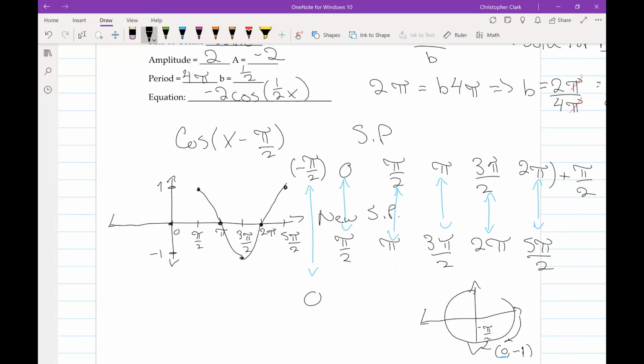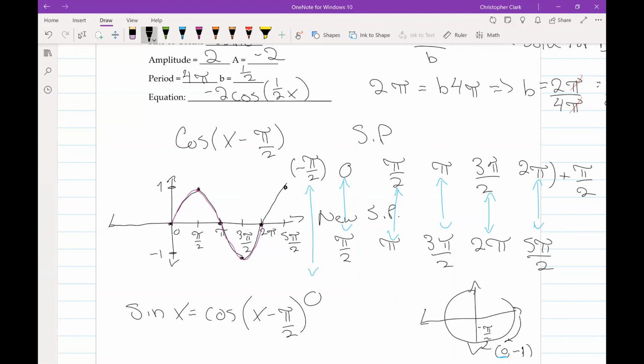Well, hold on. What did I just make? This purple piece looks a lot like a sine function. And in fact, that's exactly what it is. Sine of x is equal to cosine of x minus pi over 2.